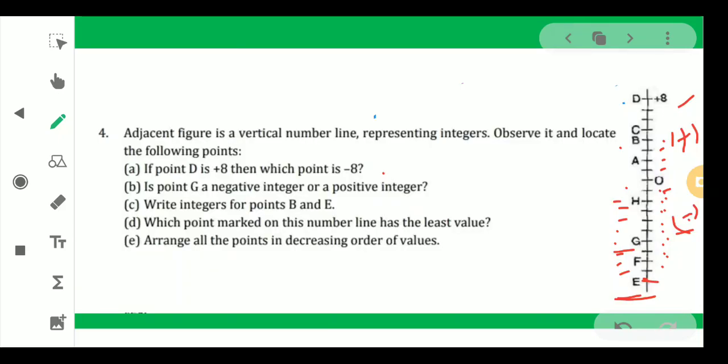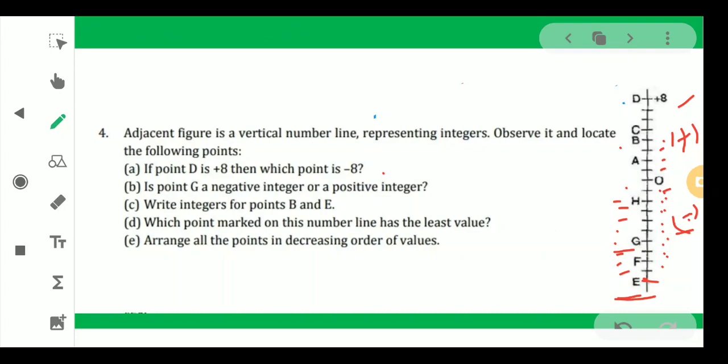Then last is arrange all the points in the decreasing order of values. Decreasing means bigger to smaller. So to see bigger to smaller, we will move from top to bottom, from the top positive side to the negative side, because we know that when we move from negative to positive we are increasing, when we go from positive to negative we are decreasing.